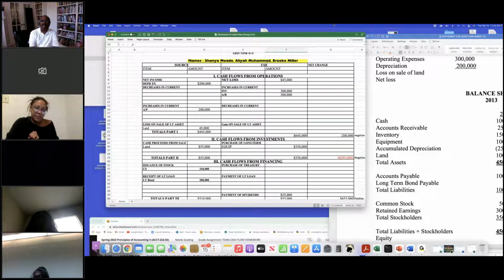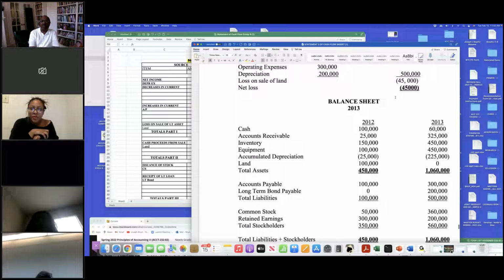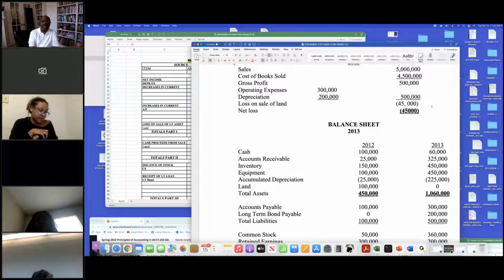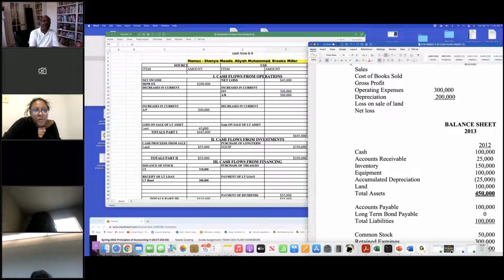But as a loss, when we look at the income statement, they really had zero net income. The loss from operations made it a negative 45, but operations was actually 500 minus 500, zero. So when we add that loss back for 45,000, we put it over here, and that counterbalances the 45,000 here, and so operations are at zero.